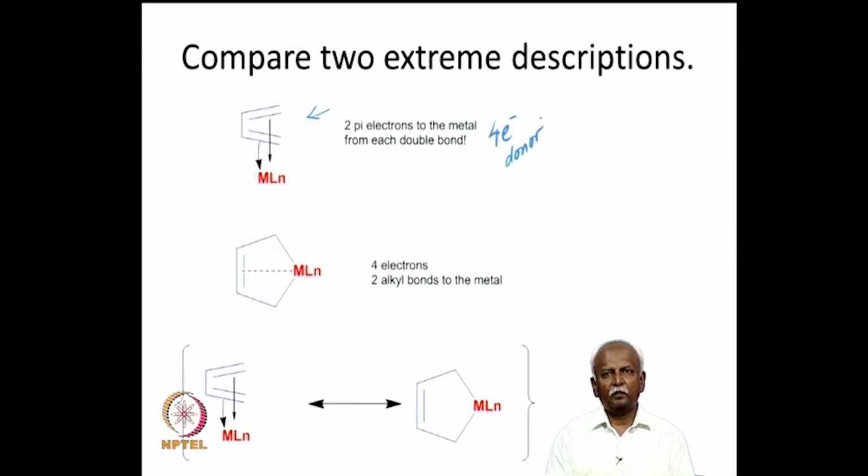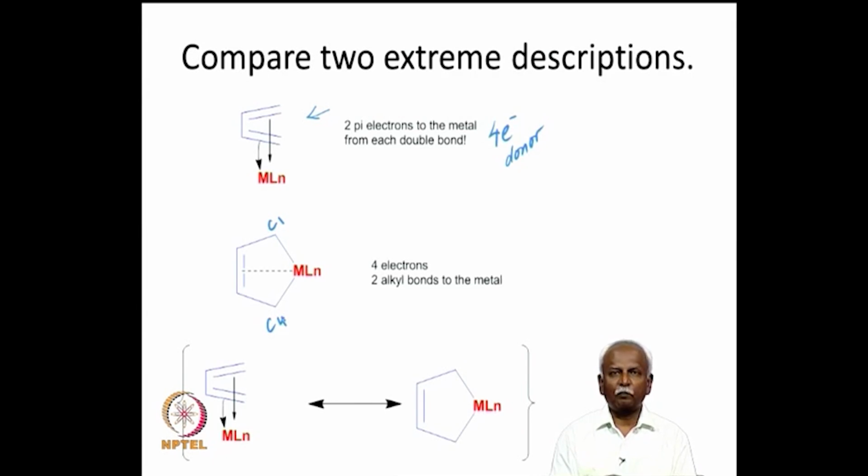Now, it turns out that if the electron density that is donated to the metal is pumped completely back into the pi star orbital, what you will end up doing is forming a bond between the metal and the C1 and the C4 that would almost look like a covalent bond. So, the other extreme description is to form a sigma bond between C1 and the metal and C4 and the metal.